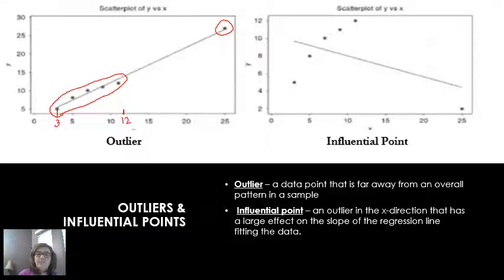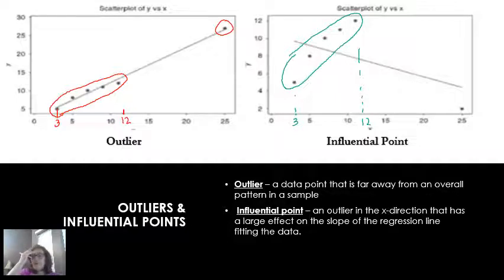We've got our data going here, this is our pattern, and if we drew a line down here, this is maybe 3. If we drew a line down here, we would be at maybe 12. Then we've got this one sitting out here at 25. This is far away from the data, so it does meet the outlier criteria.